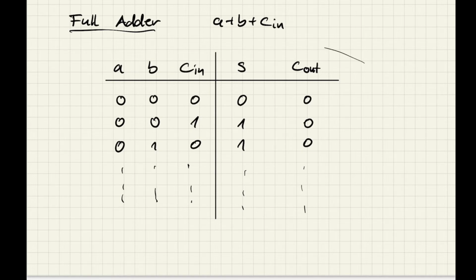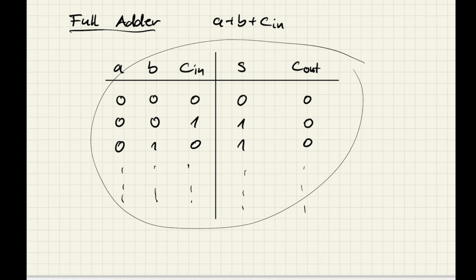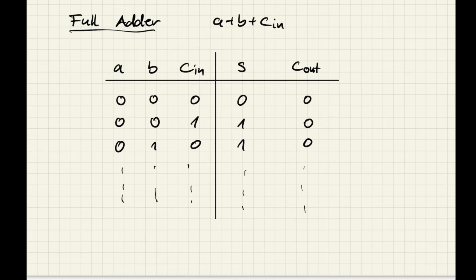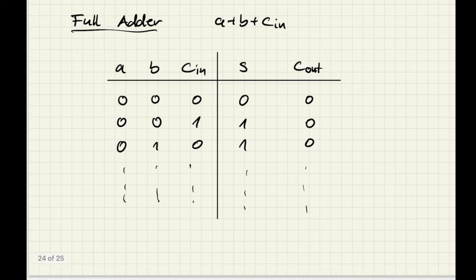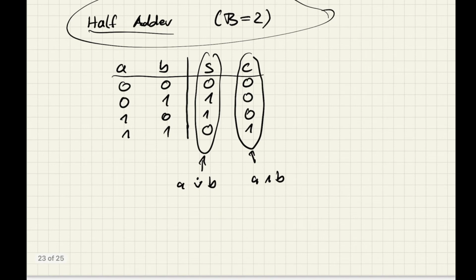And from this approach, it's possible, but not so easy to see how to use these half adders. And to show you a more mathematical way to directly go to this nice solution, how to combine these half adders, I want to go back to the half adder and first of all describe it a bit more formal.